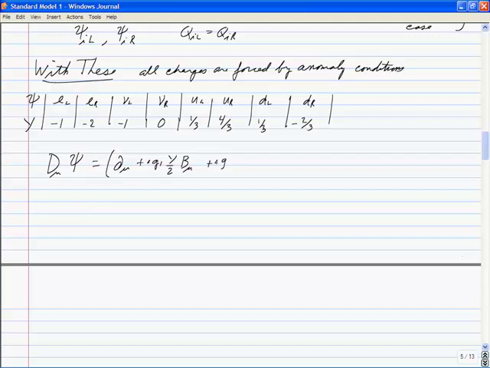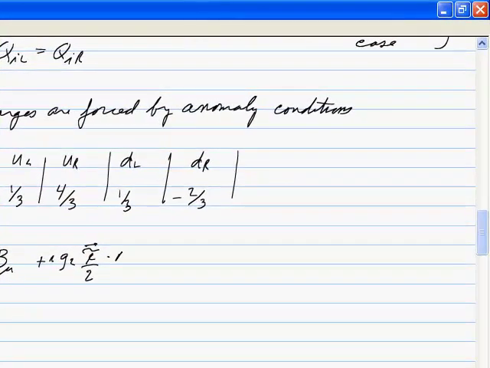There's an i g2 tau over 2 dot W_mu, plus i g3 lambda^a G^a_mu over 2 on psi.